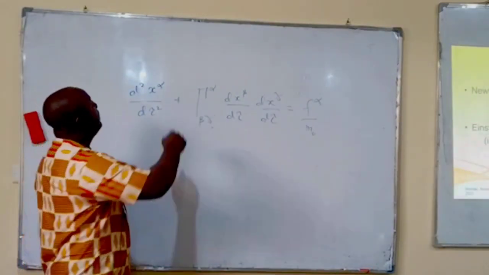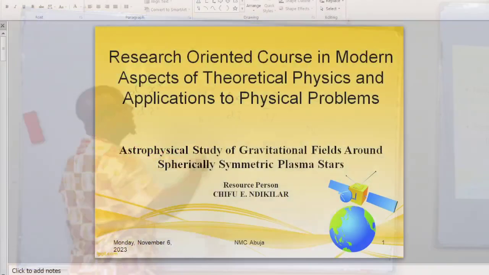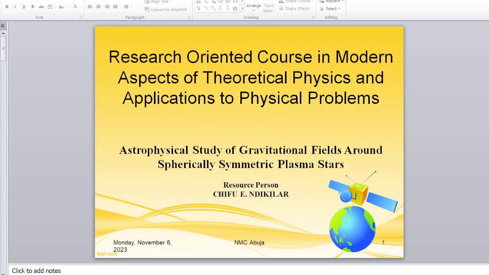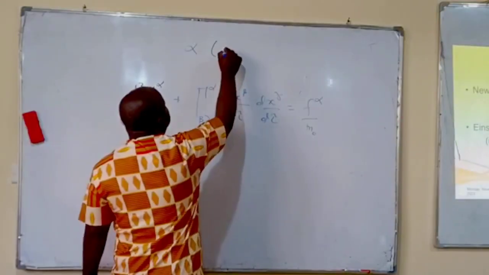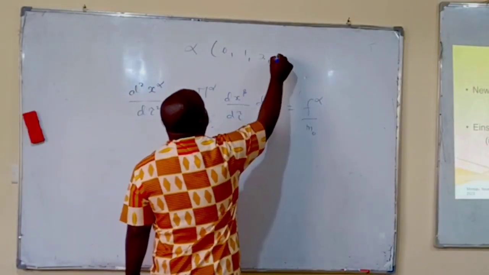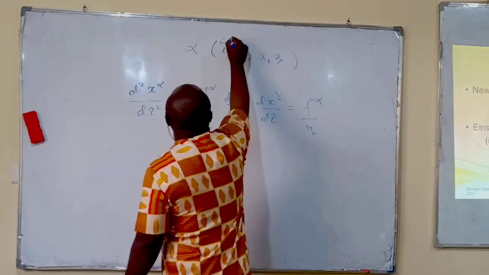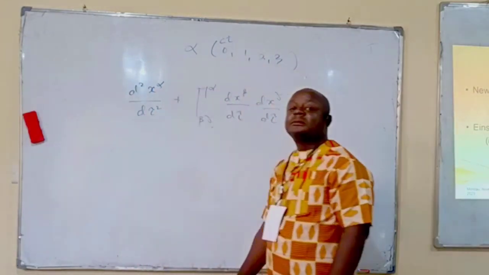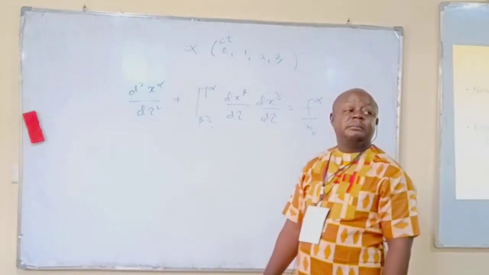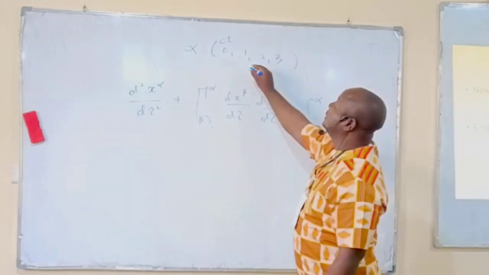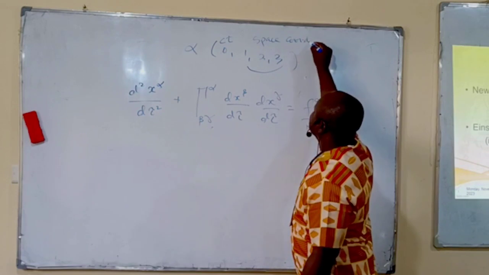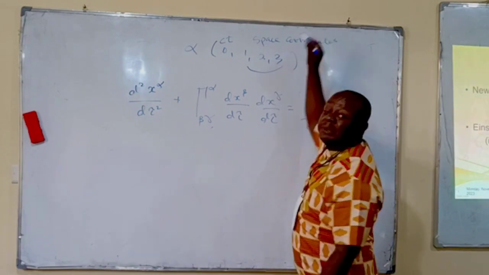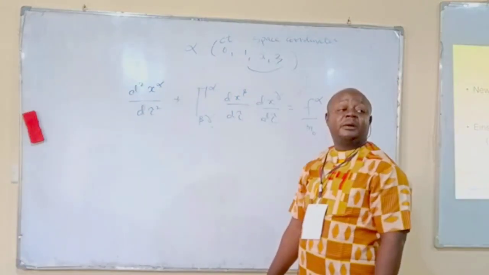And remember, I told you that once you see these indices, alpha, beta, gamma, or any letter, they are running from 0 to 3. Okay, and in this case, our 0 is for the time, and 1 to 3 are the space coordinates, which can be in any coordinate system.